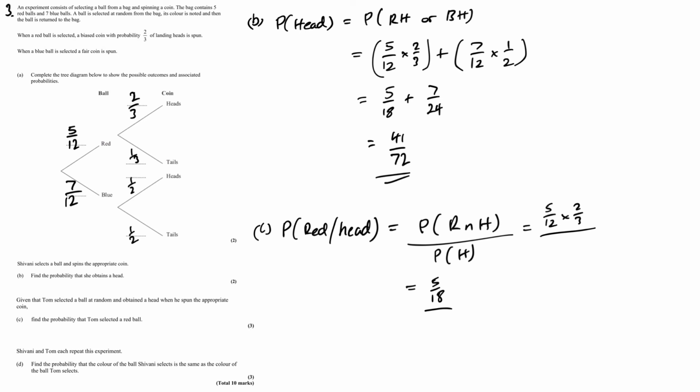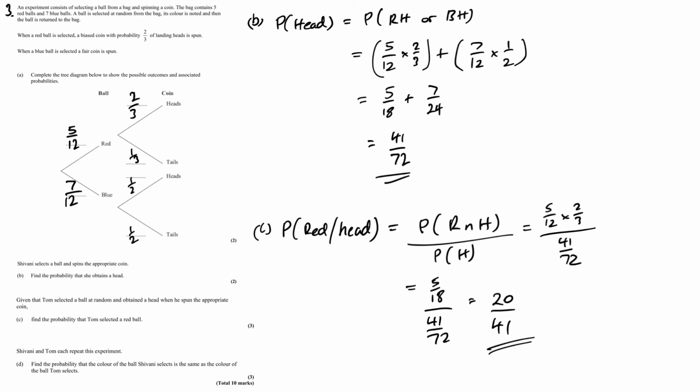And then on the bottom, it's the probability of getting a head, which is this, 41 over 72. And that gives me 20 over 41. So that should be quite nice and easy so far. Let's move on to D.